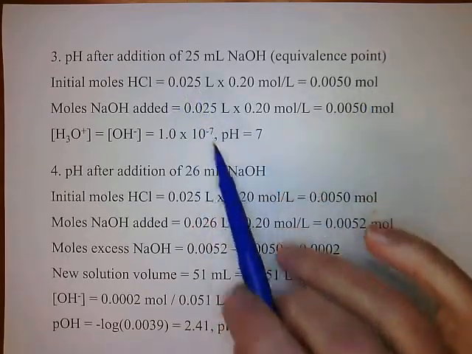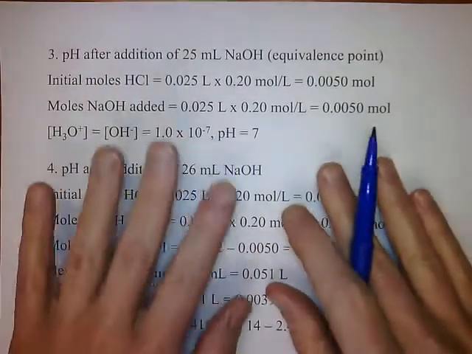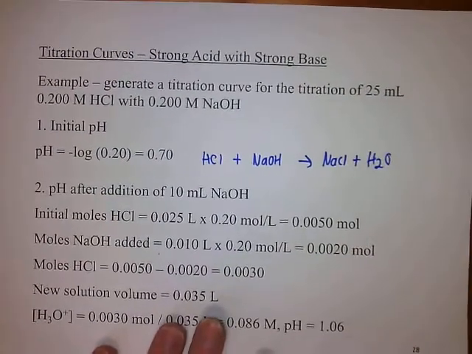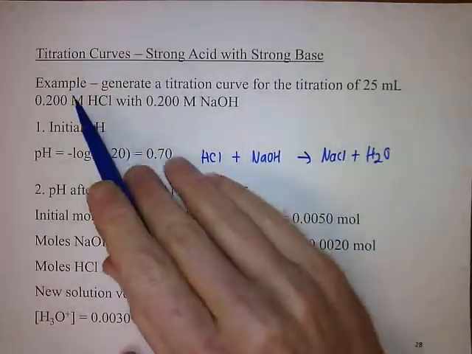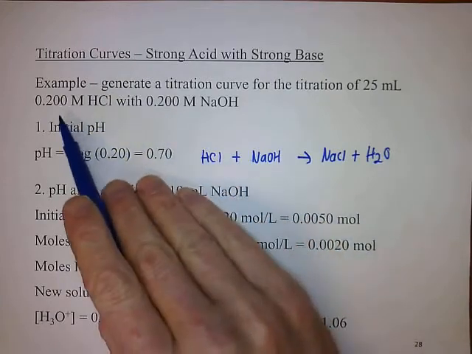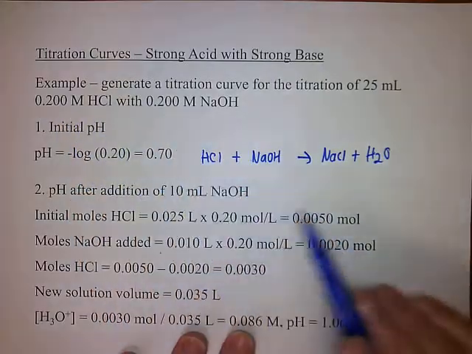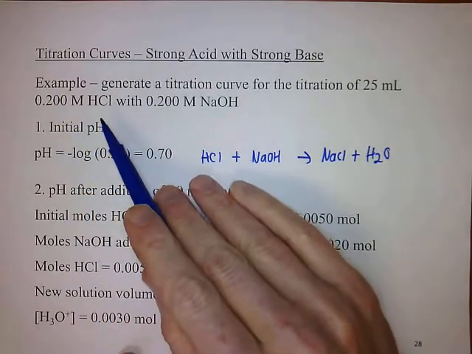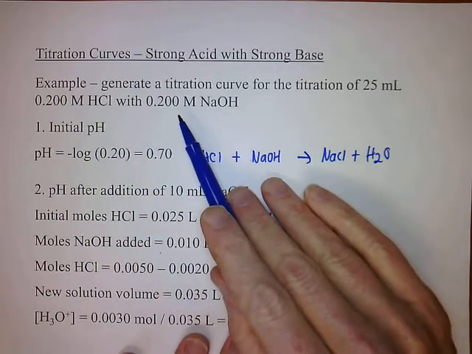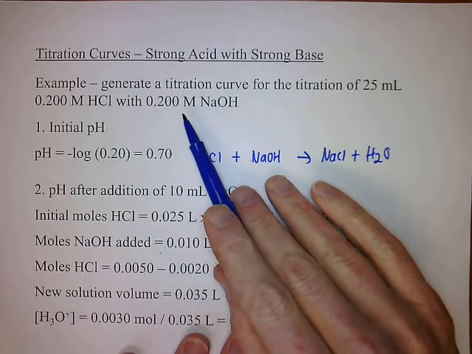So how did I know this was the equivalence point? There's an easy answer to this. Go back and look at the problem. They were the same concentration: 0.20 molar hydrochloric acid and 0.20 molar sodium hydroxide.